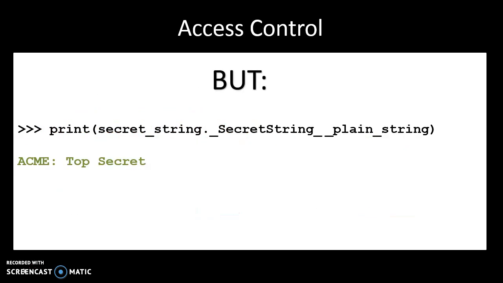But if I say secret string dot underscore SecretString underscore underscore plain string, then it will print out acme top secret. So it's not that the attribute has become private, but it's just awkward, and you'd really want to be going out of your way to access that information.